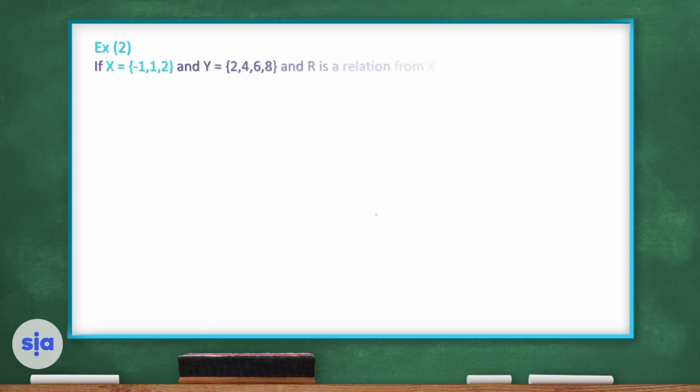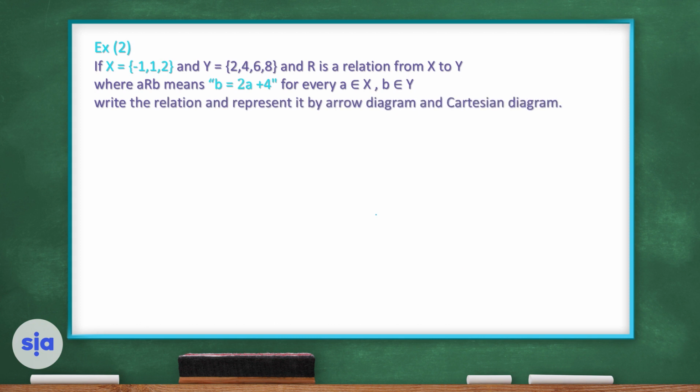Example number 2. If X is a set that has elements -1, 1, and 2, where Y is another set that has elements 2, 4, 6, and 8, and R is a relation from X to Y, where ARB means B is equal to 2A plus 4, for every A belongs to set X and B belongs to set Y. So here we're going to find the values of A and B that are fulfilling this equation.